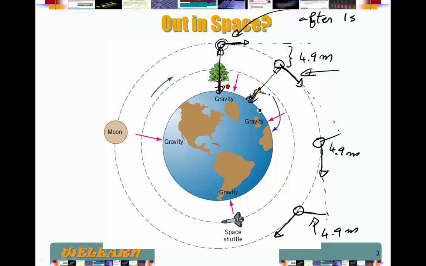That's because of the curvature of the Earth. If that's the case, then my projectile is going to remain in orbit around the Earth.